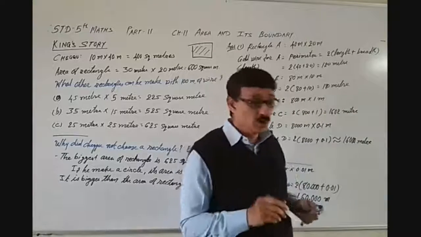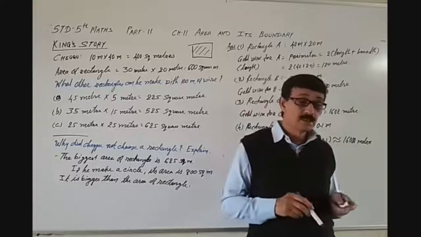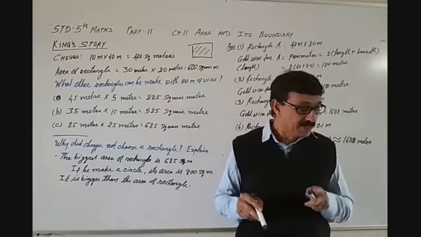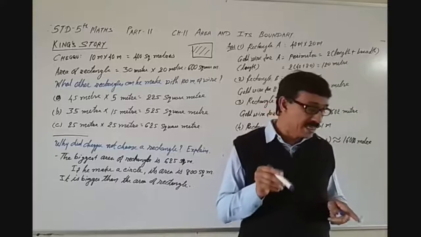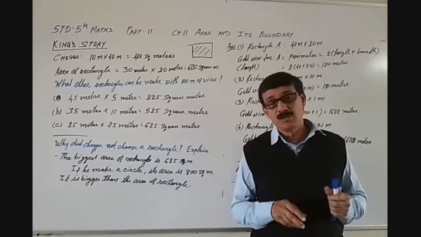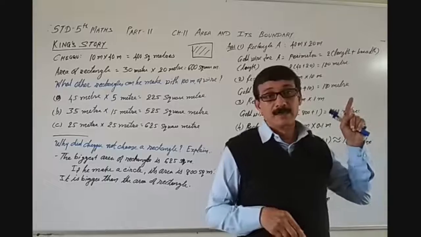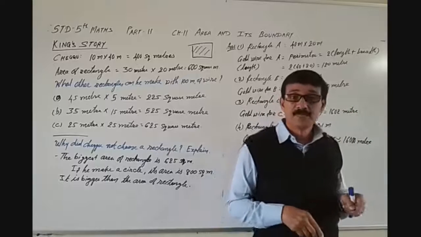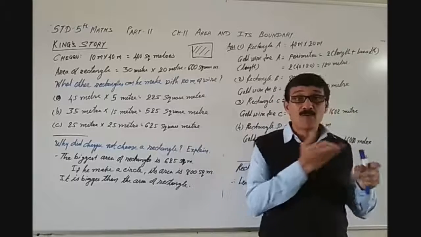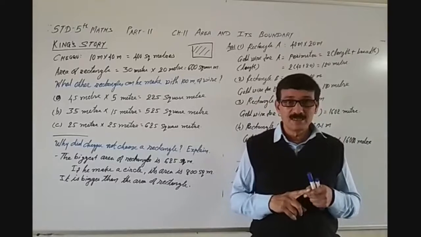Now you can see in your textbook, rectangle A, in which the length and width are 40 meter by 20 meter. So we know the length is 40 meter, the width is 20 meter. Now we have to find out the boundary for that.